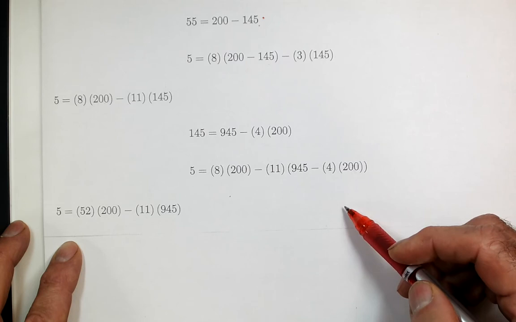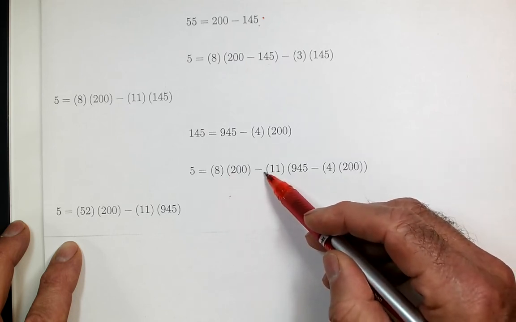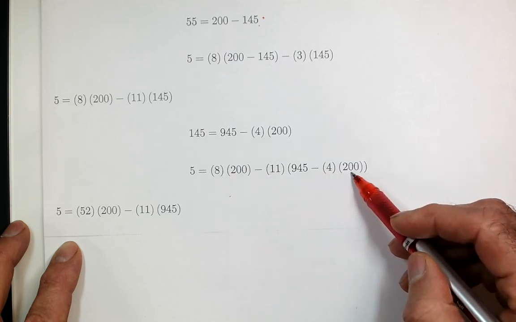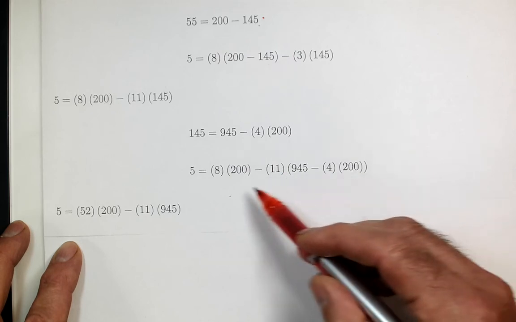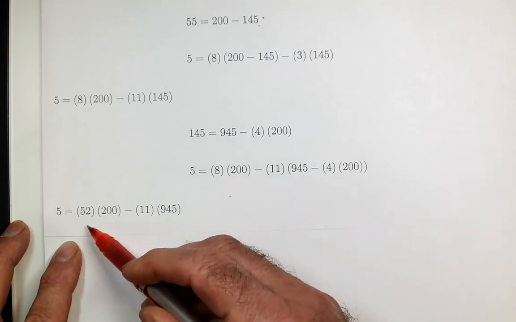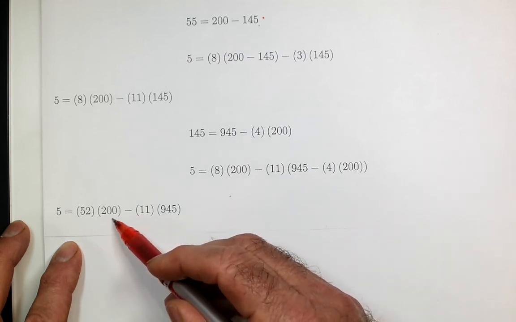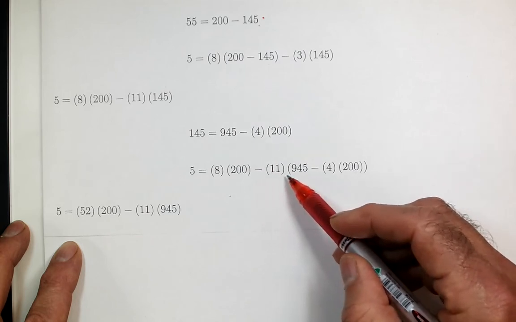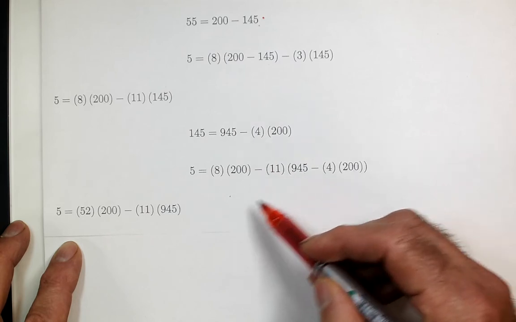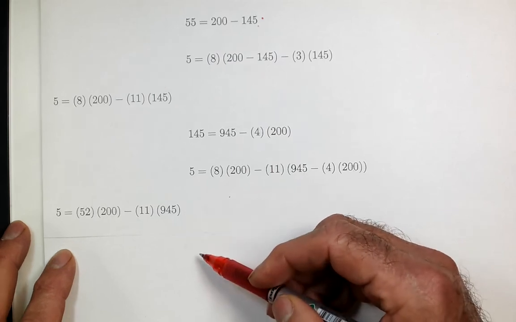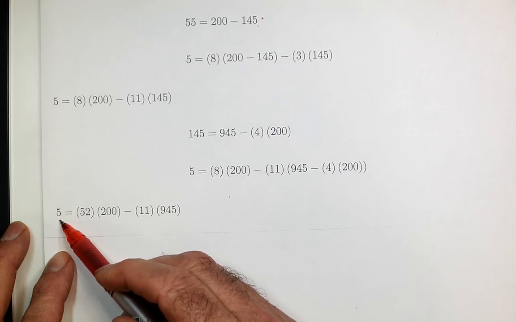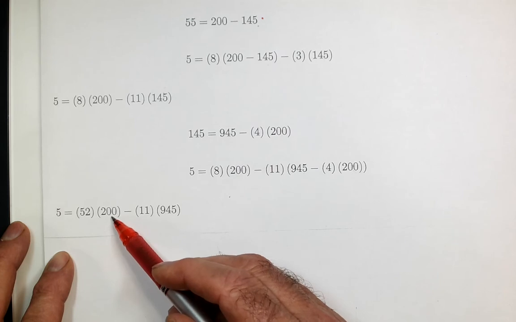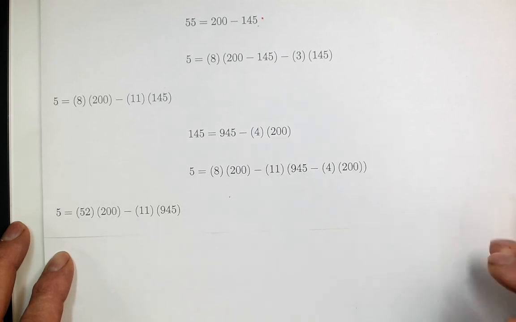No, that's not right. Let's see, this is negative 11 times negative 4 times 200. So that's positive 44 times 200. Plus 8 times 200 is 52 times 200. And then we have negative 11 times 945. Ah, there it is. We have 5, the greatest common divisor of 945 and 200, represented as a linear combination of 200 and 945.